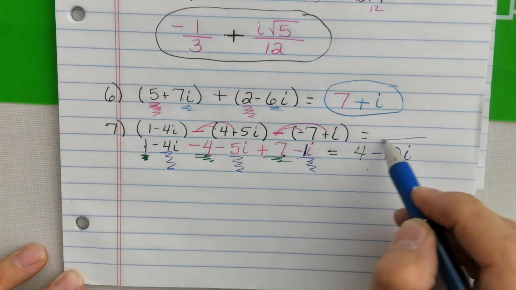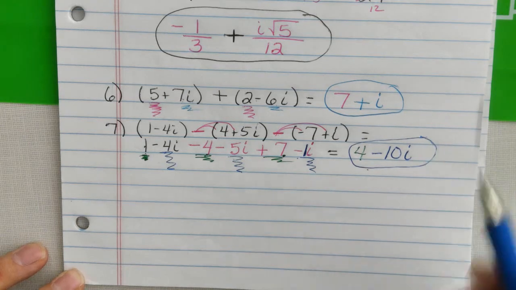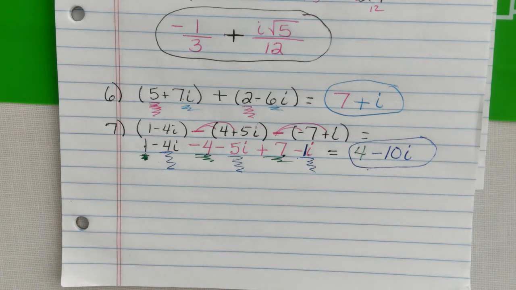So we have 4 minus 10i. Don't get carried away and get a 6 or a negative 6 out of that. The 4 minus 10, you can't subtract those. They're not like terms. So 4 minus 10i.